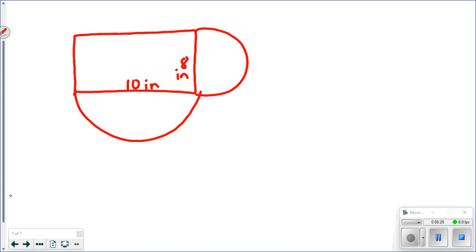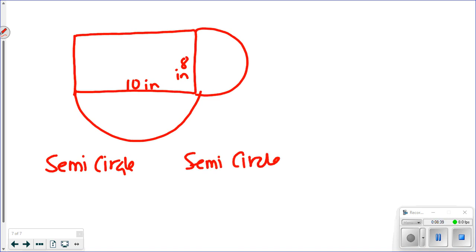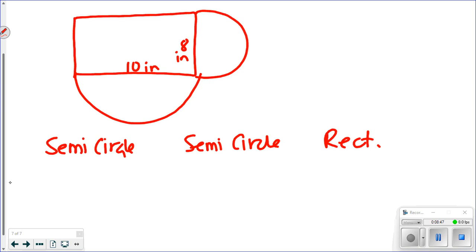Just notice I see 3 shapes in here. I see a semicircle, I see a second semicircle, and I see a rectangle. So make sure you go through and do each of these individually and then add them together.